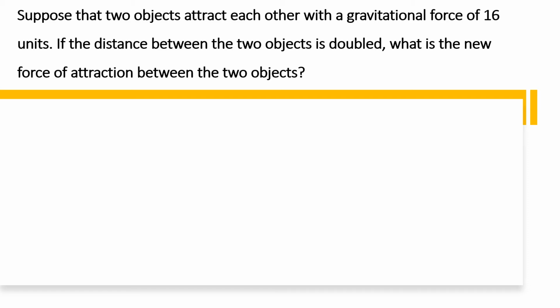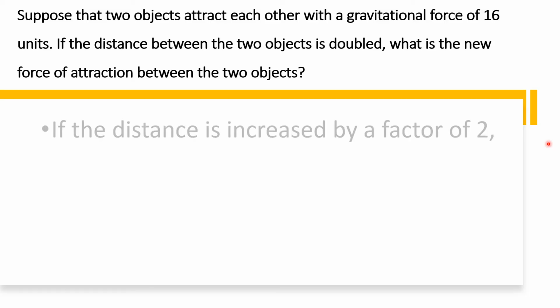So, based dun sa problem, basahin lang natin ulit. Sabi, suppose that the two objects attract each other with gravitational force of 16 units. If the distance between the two objects is doubled, what is the new force of attraction between the two objects?